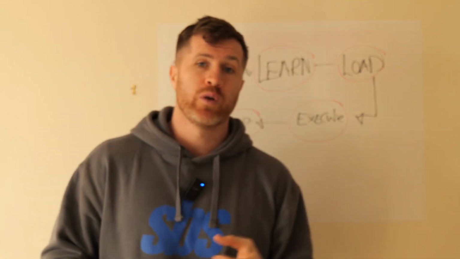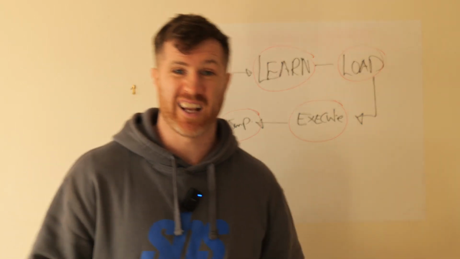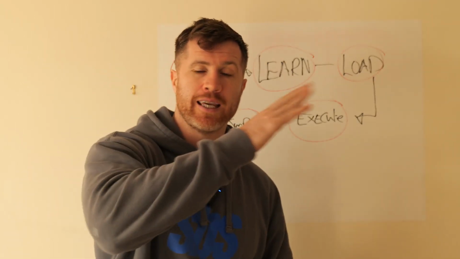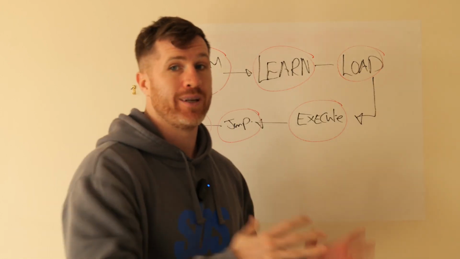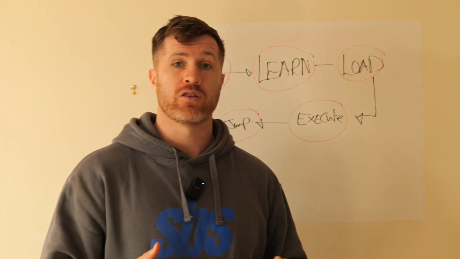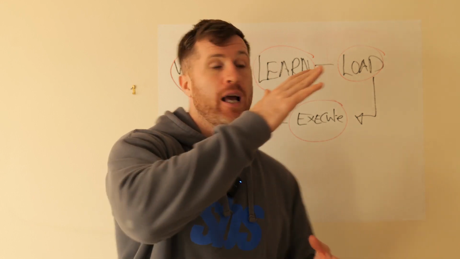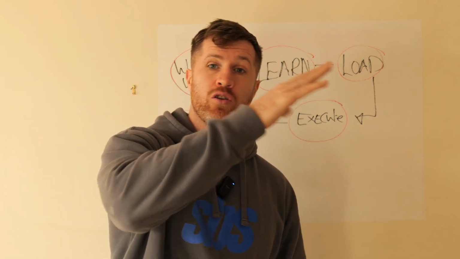Learn, we're going to highlight a portion of, for example, acceleration. We want to learn to get into the right angles, so we need to create a condition where it could be a static wall hold, or check out my acceleration masterclass on my channel, and that's going to show you the types of exercises that we want to do. So we're going to learn to be in that position.